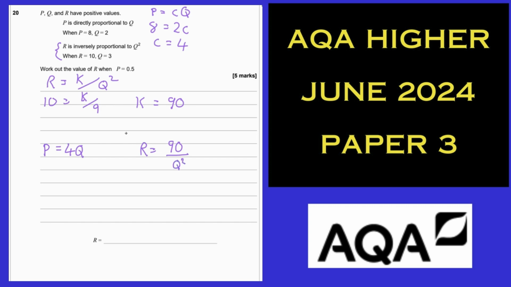Now, if you wanted to sub one into the other, you can. I'm not going to. Work out R when P is 0.5. Let's sub in 0.5 here. When P is 0.5, Q is 0.5 divided by 4, which is an eighth, or 0.125.